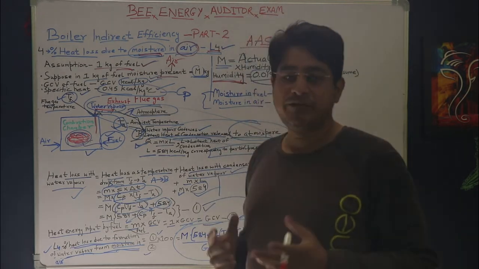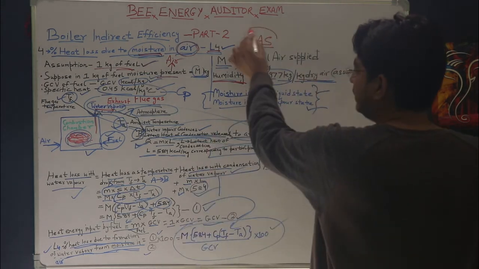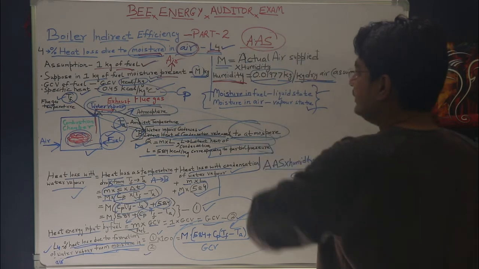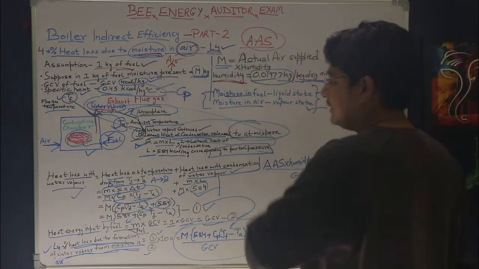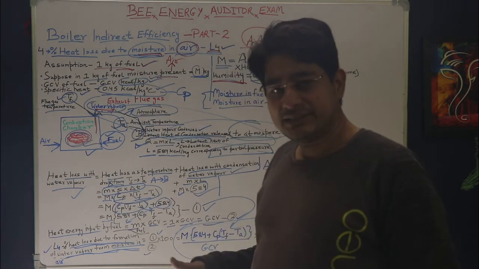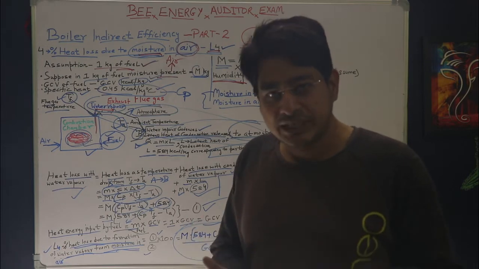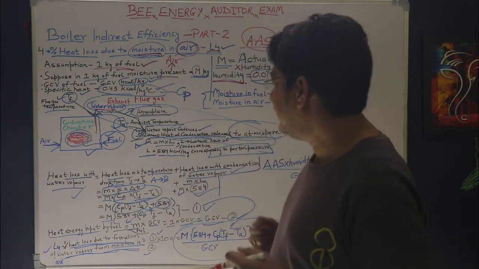So friends, in my video on combustion, I have already told you about the actual air supply, that is AAS. This actual air supply is basically the theoretical air supply plus the excess air you are supplying. You can go through that video if this is not clear.